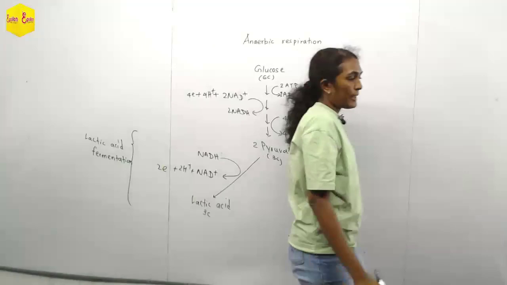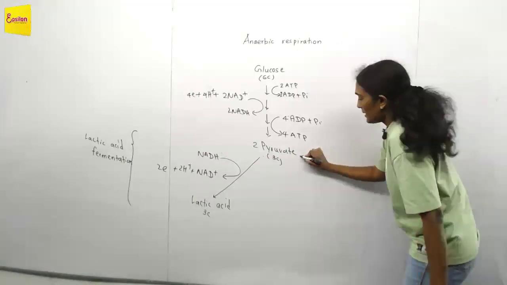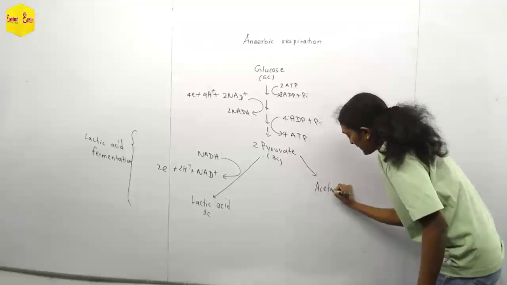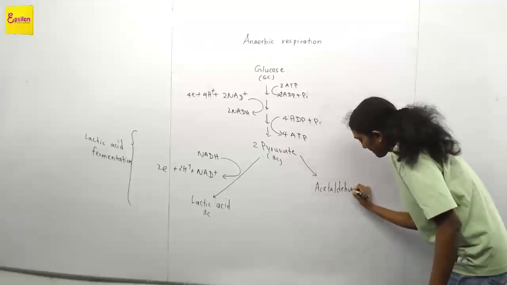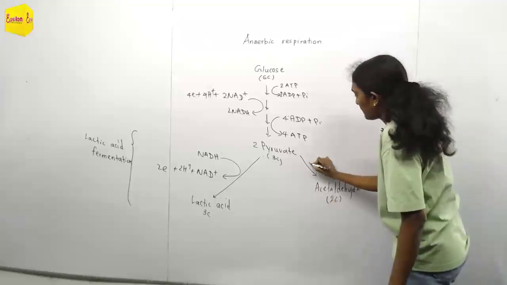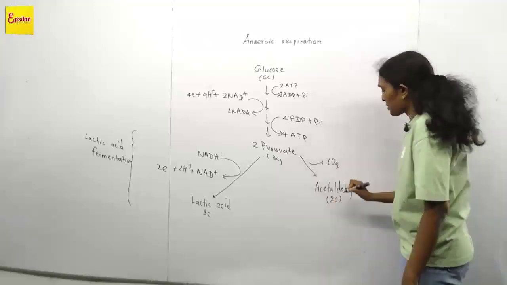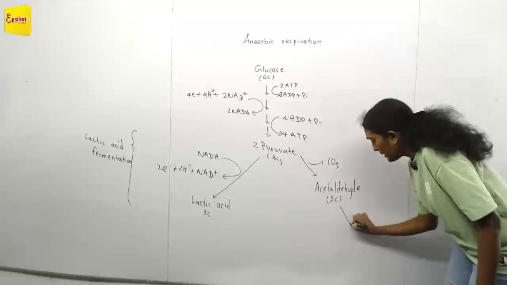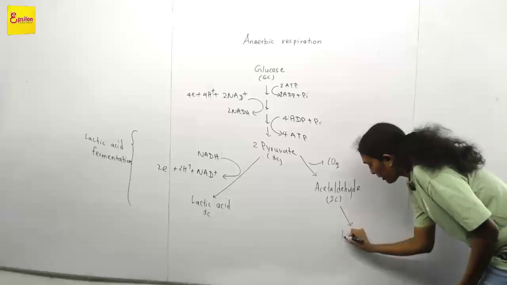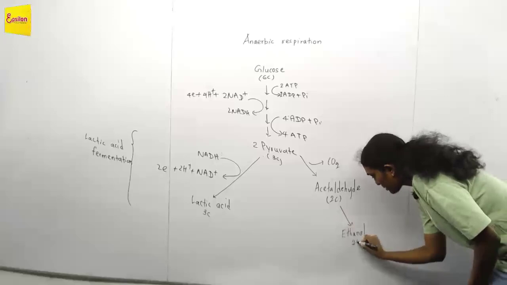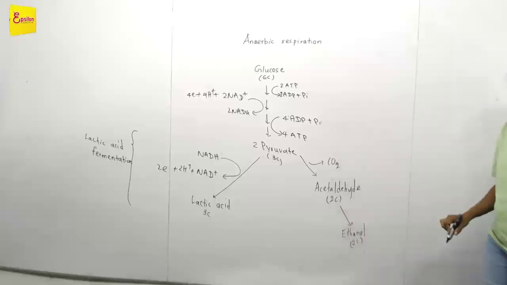And in another type of cells, the pyruvate is converted first into acetaldehyde, which is a 2-carbon compound. Therefore, carbon dioxide has to be removed from the substrate. Then acetaldehyde is converted into ethanol. Ethanol is again a 2-carbon compound. That's the final product.